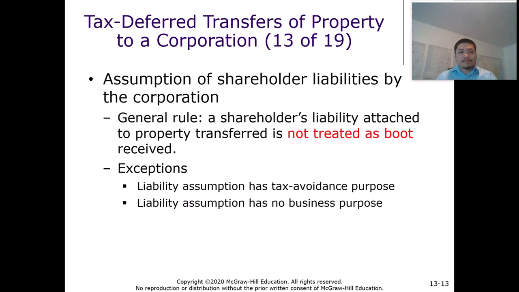So what happens when the shareholder's liabilities are assumed by the corporation? This is the case where, let's say, the shareholders contribute a property to the corporation, and there's still some debt involved with that property.